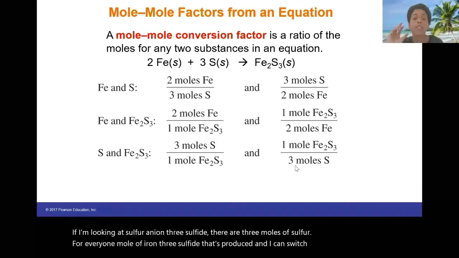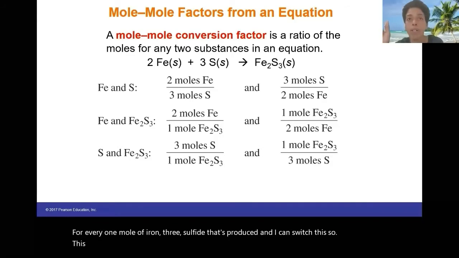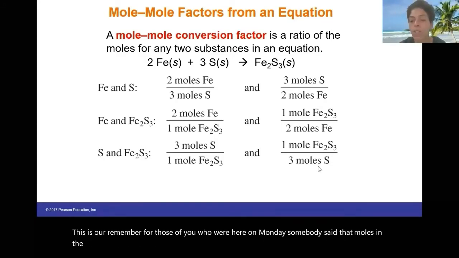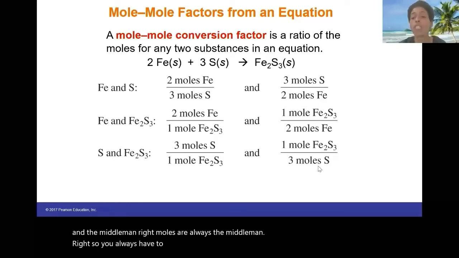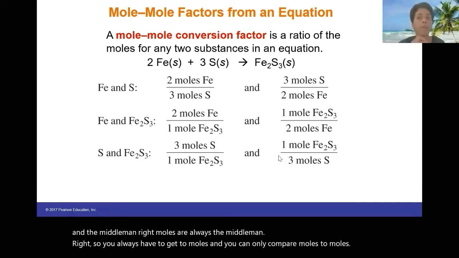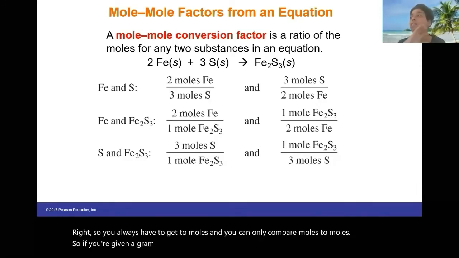Remember, for those of you who were here on Monday, somebody said that moles are the middleman, right? Moles are always the middleman. So you always have to get to moles, and you can only compare moles to moles. So if you're given a gram amount, you've got to convert that gram amount to a number of moles.